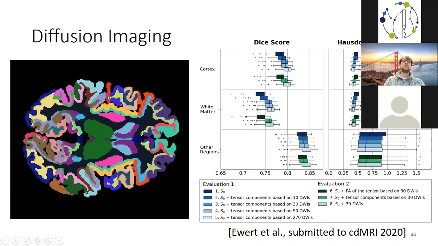So that's like how many directions do I use in my diffusion imaging protocol, or do I give the diffusion directions directly as a raw image, or do I compute tensors from it, or do an FA analysis of it, and how does that actually translate to segmentation performance in a network after that?